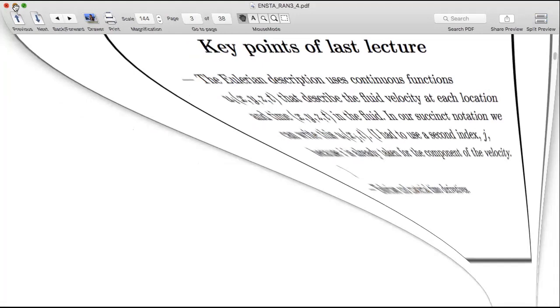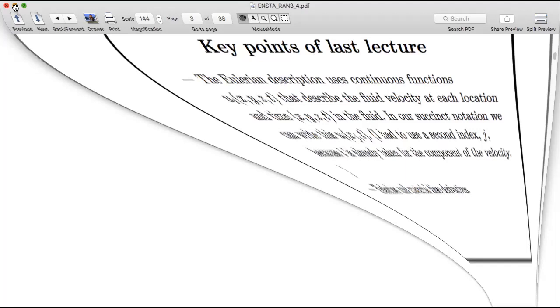No, I would not call that the Navier-Stokes equation. For one thing, I haven't assumed a Newtonian fluid yet. So this is just a step along the way for the derivation.